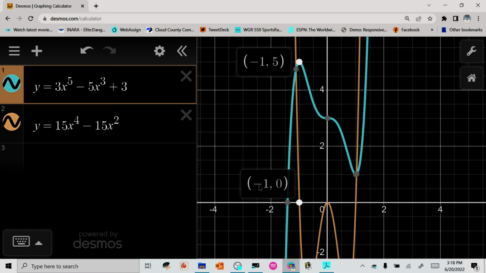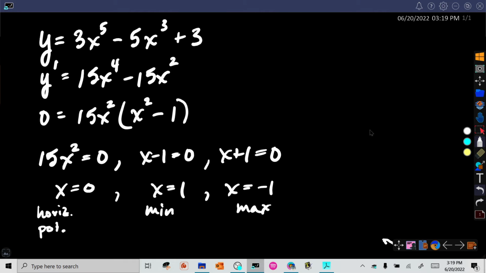This is the x value that corresponds with this x value up here. The only difference is that we have to take that x value and sub it into the original to find the corresponding y value, the position. So the blue represents the slope, the red represents the position. I'm going to do another one in just a few minutes so you can see, but understanding the connection between all of these is so essential.